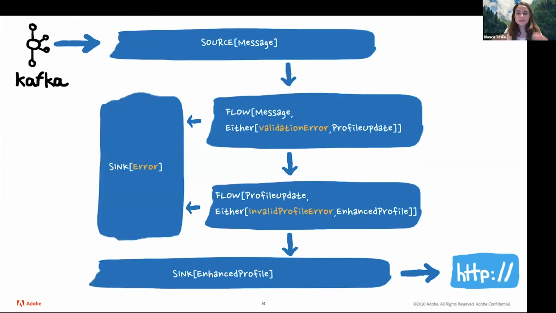And this could be easily extended for each such stage where things could go wrong. And we've adapted it in this way so that each processing step would provide such an Either type. And at the end of the day, you could think of this specialized error sink as simple as you would need it.